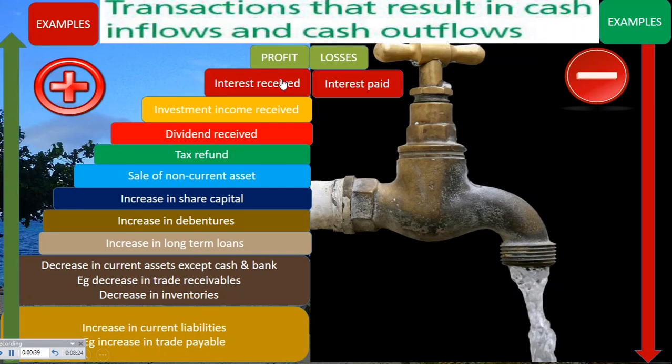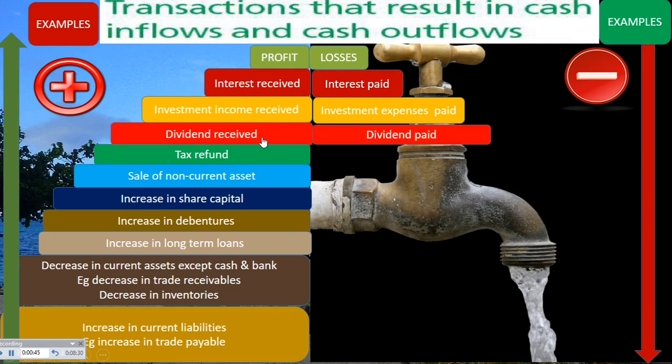Interest received, reverse becomes interest paid. Interest income received, interest expenses paid. Dividend received, dividend paid. Tax refund means sometimes we make excess payment of tax to the government. So if the government, that is your tax office, refunds the tax, that's your tax refund. So that's your inflow.